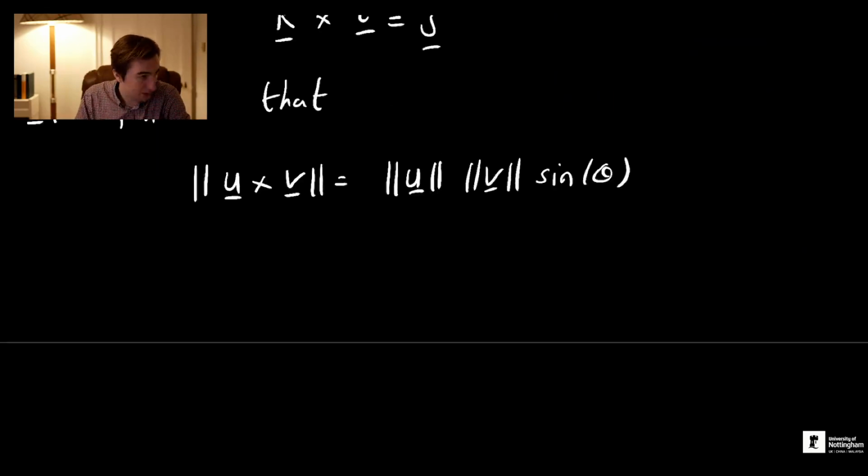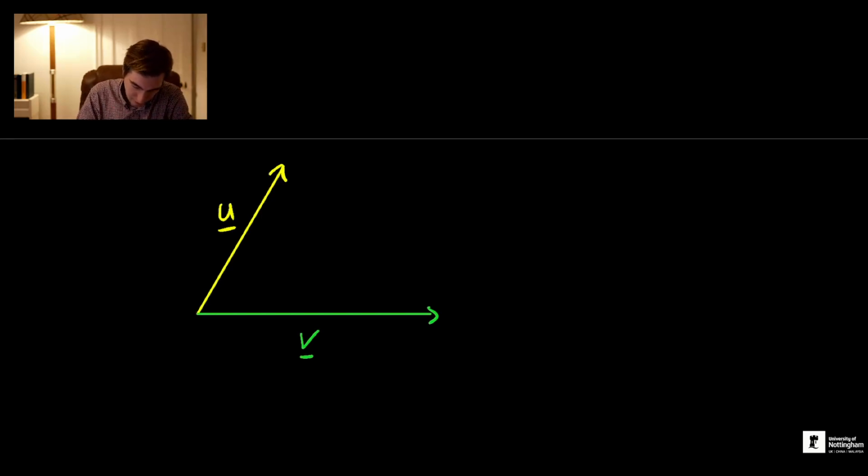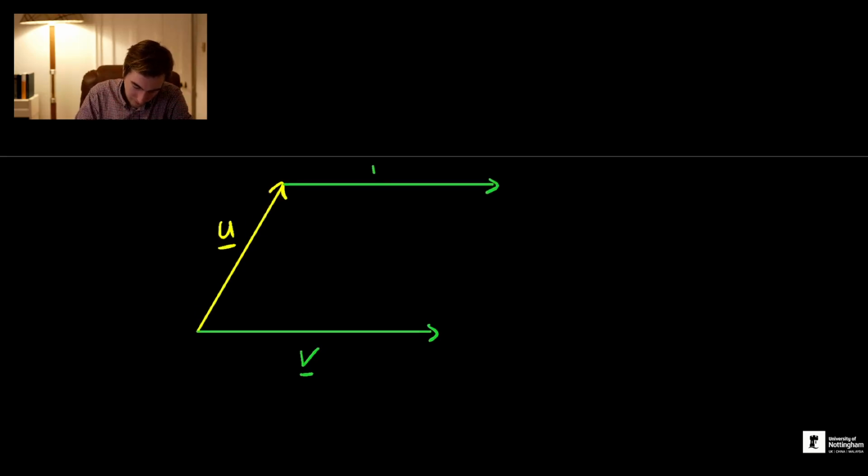So what do I mean by that? Let's maybe draw a picture so you can see how this works. Let's write our vector here. Think of this thing here as u, and we'll do another vector, a green vector, as v. And then if we take v up here as well, this is also v.